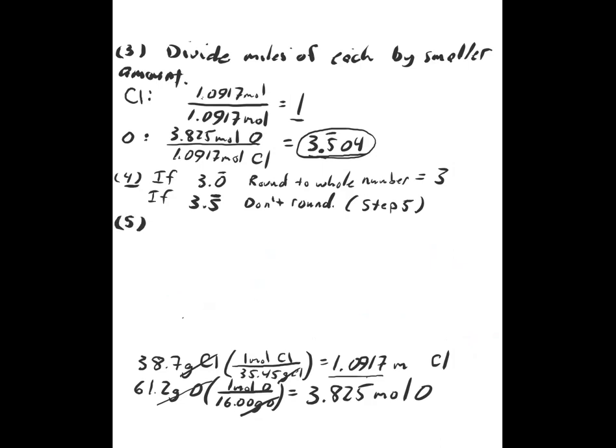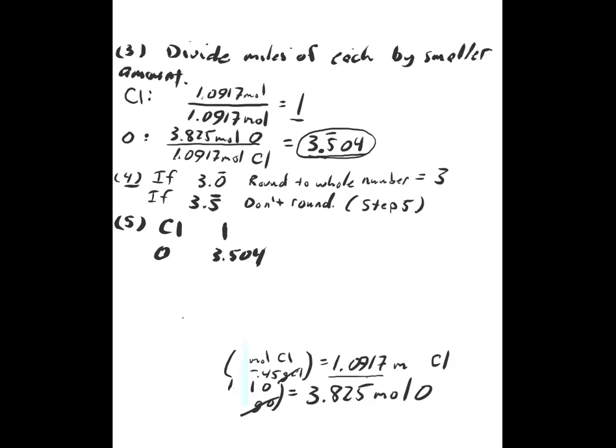So we have, I'm going to write down the numbers again. For chlorine, we have 1. And then for oxygen, we have 3.504. Now, here's the sort of little background mathematically. I'm going to erase this whole thing, actually. When it comes to chemical formulas, here's the issue.